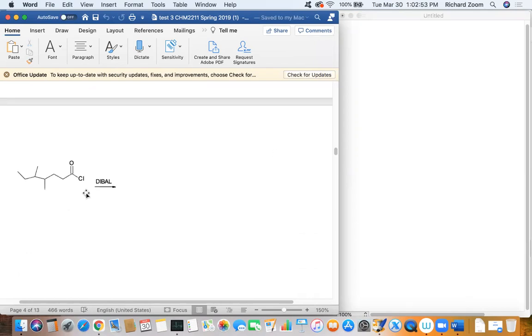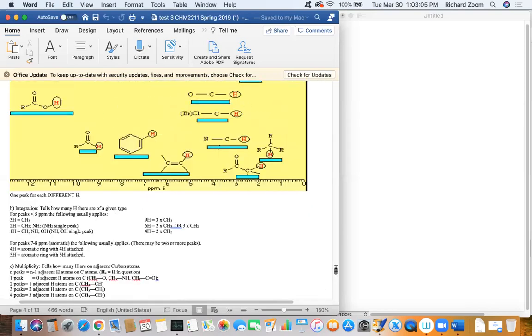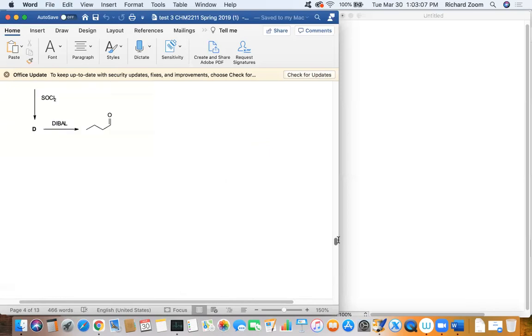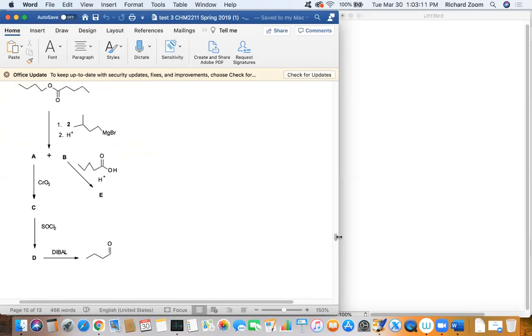There is, look at that. So you've got the acid chloride. It's the acid chloride that reacts with DIBAL. And if you've got the actual product here, which you have, for the roadmap, that might help you to get D. But you already knew that D was an acid chloride because SOCl2 would form an acid chloride as well.